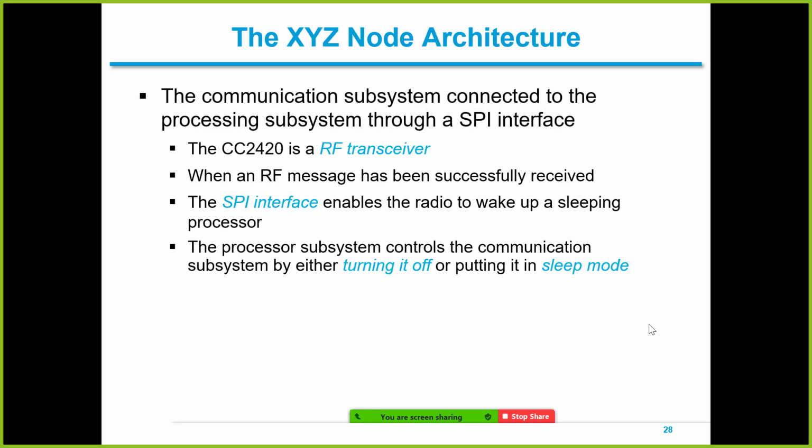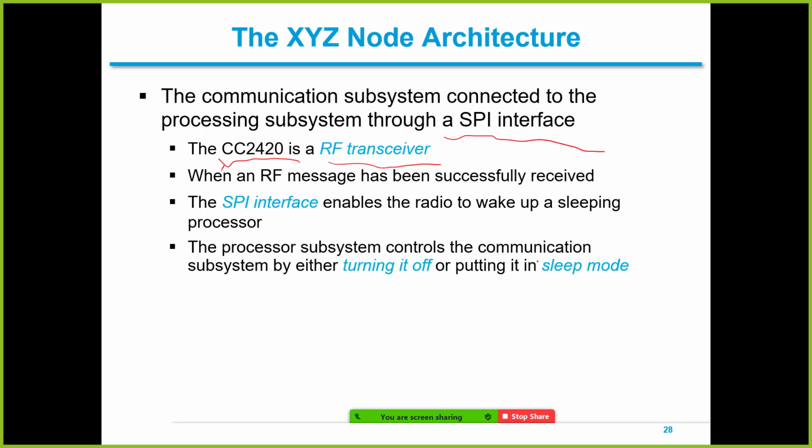The communication subsystem connects to the processor subsystem through the SPI interface. And this component, CSE5420, is an RF transceiver. So one RF message has been successfully received. The SPI interface enables the radio to wake up a sleeping processor.